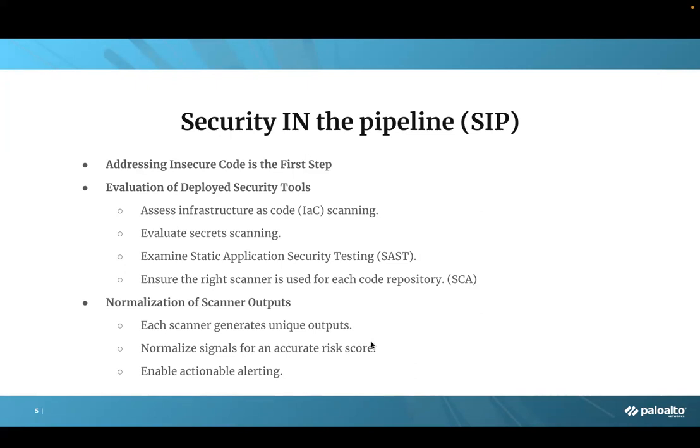So all these signals need to be normalized for an accurate risk score and actionable alerting, right? That is really important: not just scanning the repository, but scanning the repository with the right scanner, getting the data, normalizing the data, and then giving an accurate score. As you know, SCA is the noisiest tool in the market today, right? So the normalization is also really important.